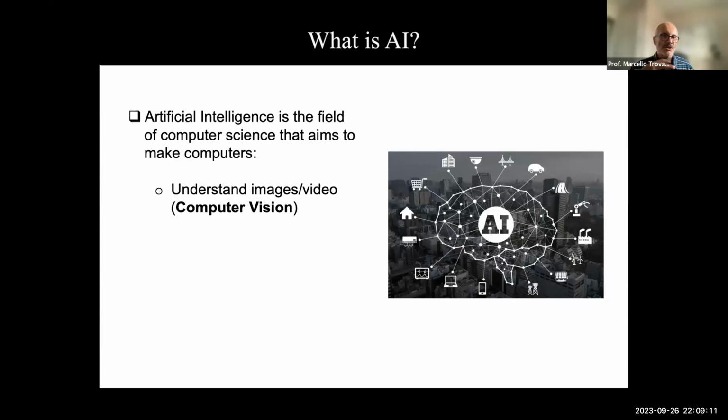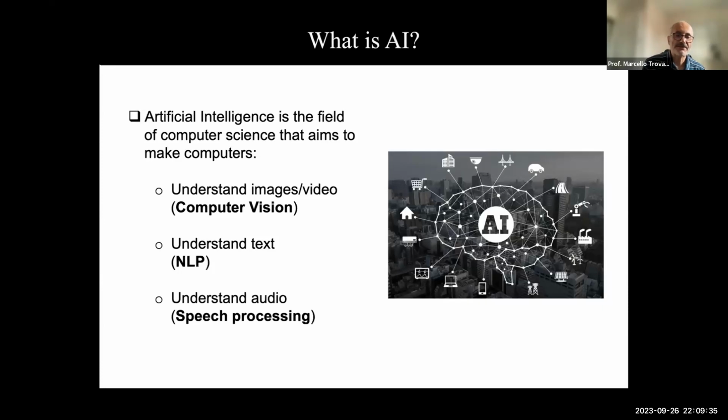So in a nutshell, artificial intelligence is the field where we try to mimic what our brain does so well. We try to automate the process of understanding videos and images, so that would be computer vision; understanding text, so NLP or natural language processing; as well as understanding audio signals, speech processing.